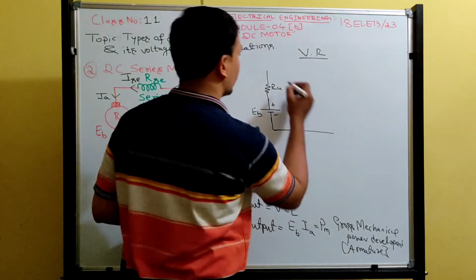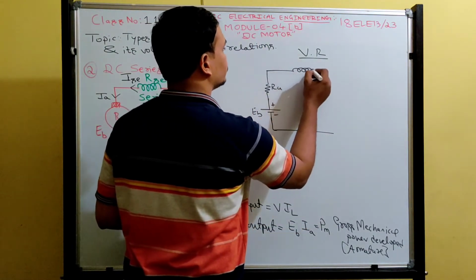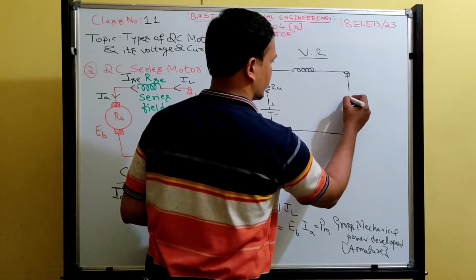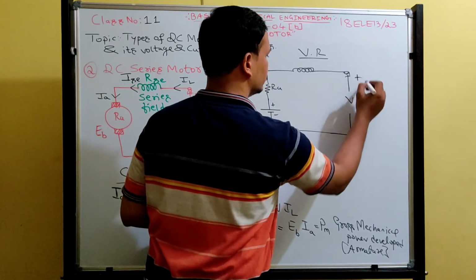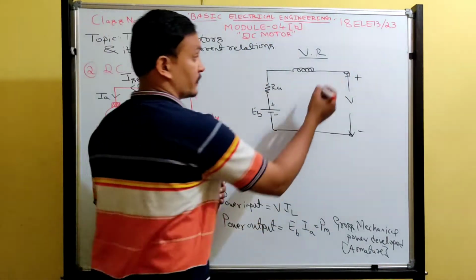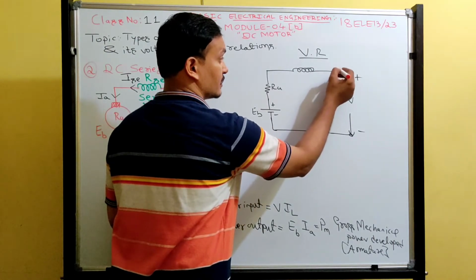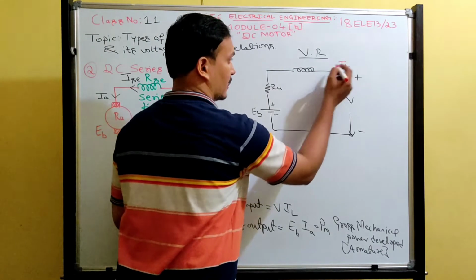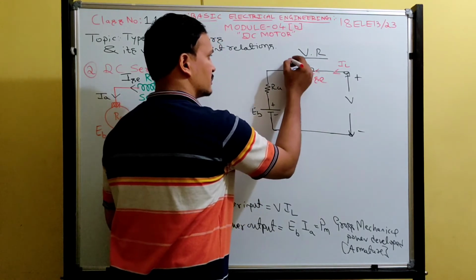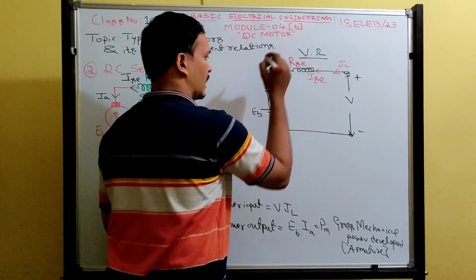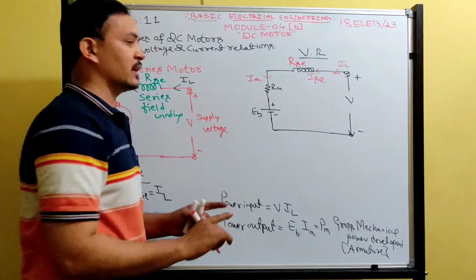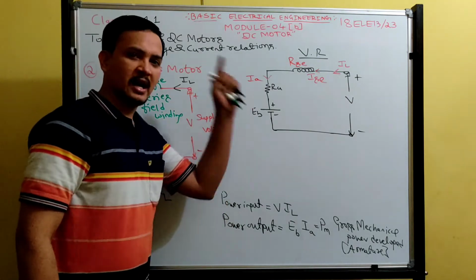Now the series field winding is connected to the supply voltage. What is the current from the mains? The current is IL. The same current flows in the series field winding, whose resistance is RSE, and the same current flows in the armature, which I am writing with another notation, IA.